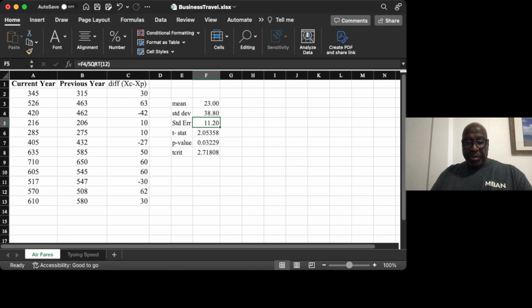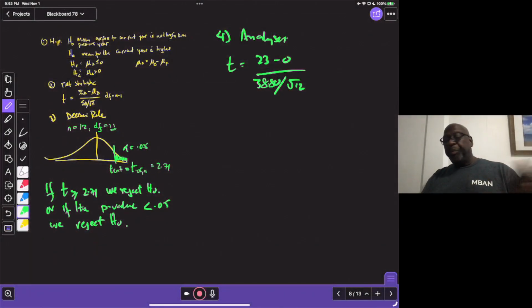And so now if we go back to our formula right here, this will give us the value of our test statistic. The 23 is the sample average, 38.80 is the standard deviation, and we divide by the square root of n to find out what that t-value is.